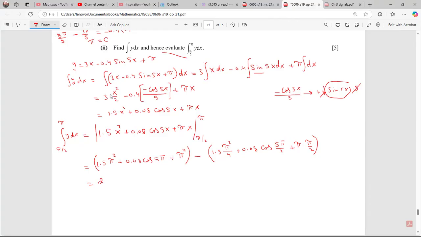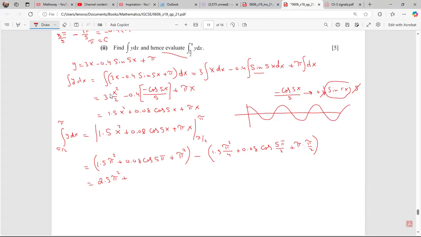It will become 2.5 pi square. Okay, and this thing, remember the graph for the cosine, it goes like this. It starts from 1 and goes to 0, -1, +1, -1, +1, -1, +1, and so on.